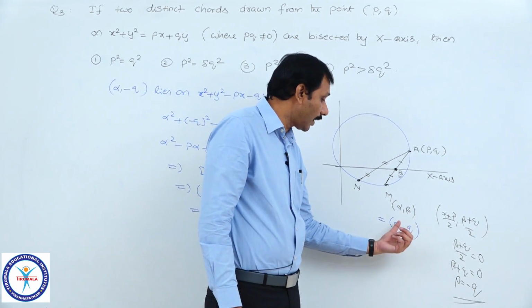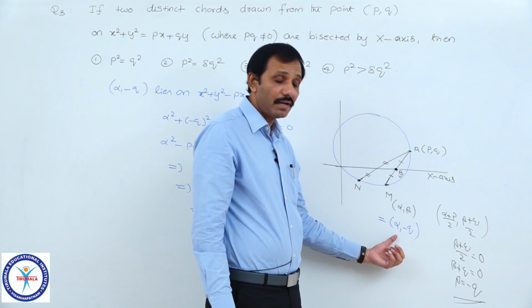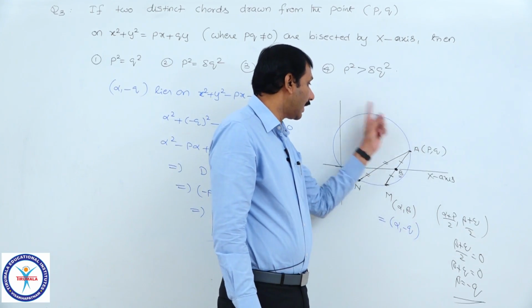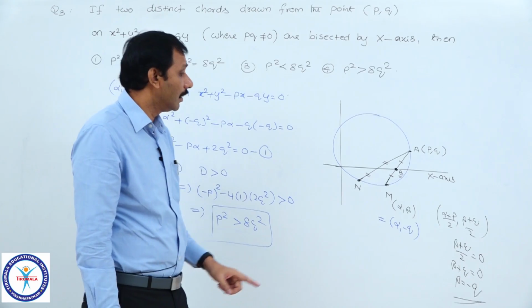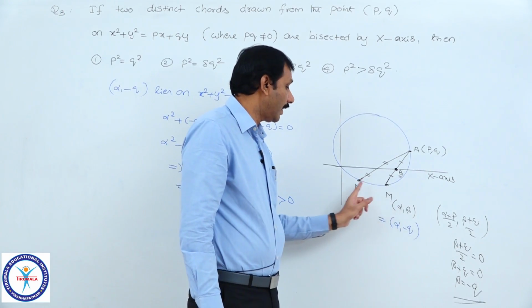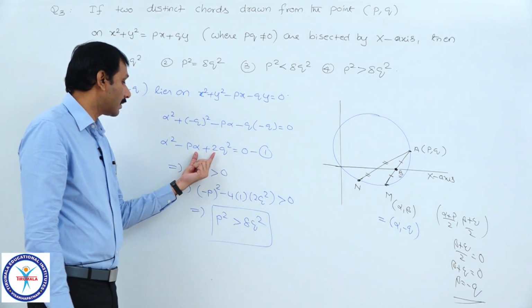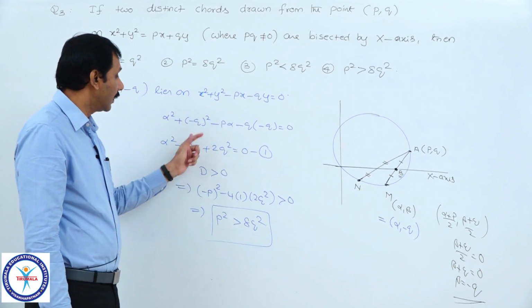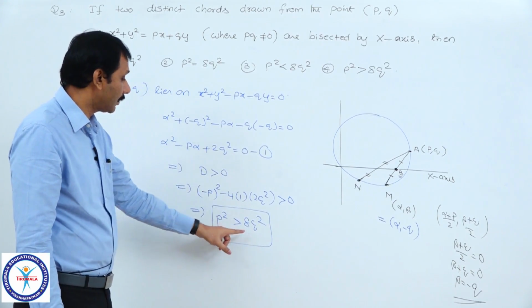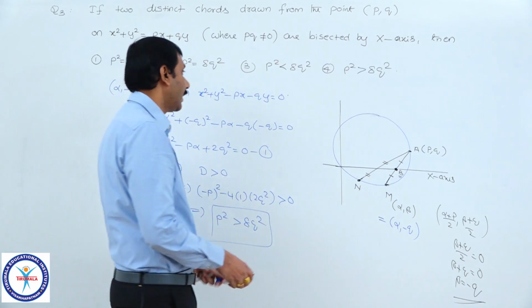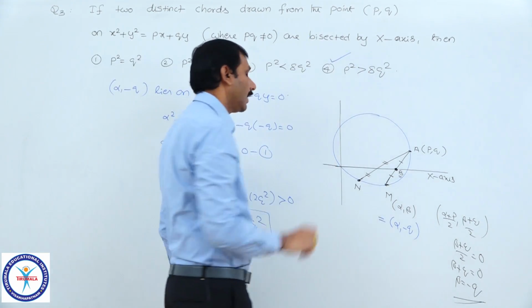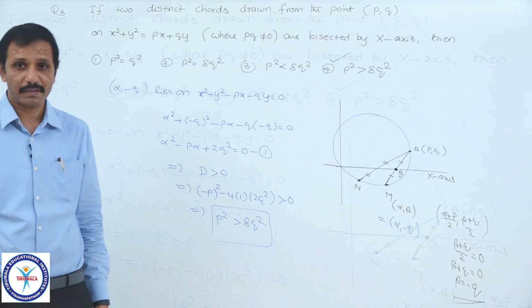Here what is the unknown or variable quantity? Only alpha, and it is a point on this circle, I will substitute, but I must get two different values of alpha for these 2 points. This equation must have two distinct real roots, implies discriminant greater than 0, hence p square greater than 8q square is the correct relation. Fourth option is correct.